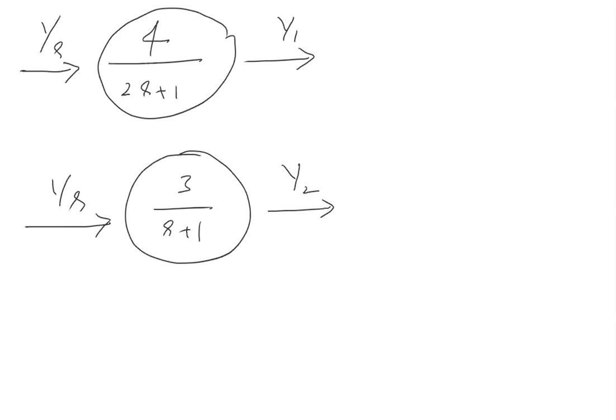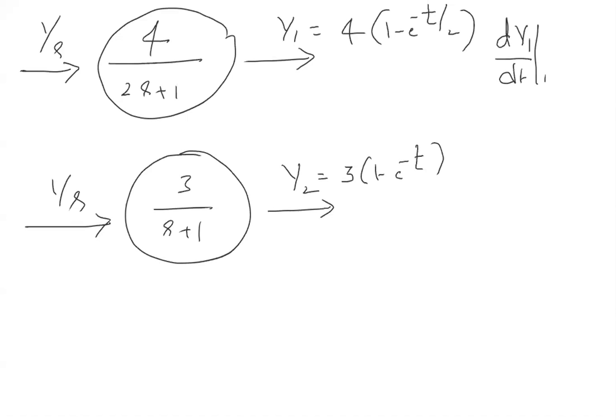So what is y1? Can you just write the answer? K into 1 minus e power minus t by 2. So y1 is 4 into 1 minus e power minus t by 2. y2 is 3 into 1 minus e power minus t. So what is dy1 by dt at time t equal to 0?